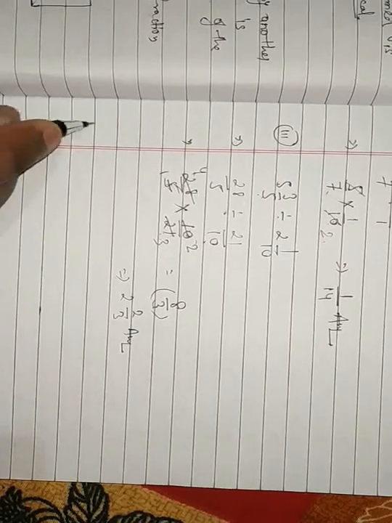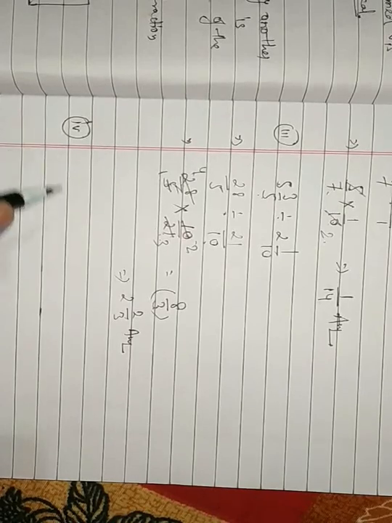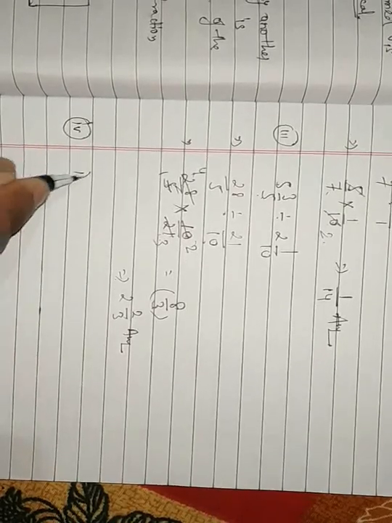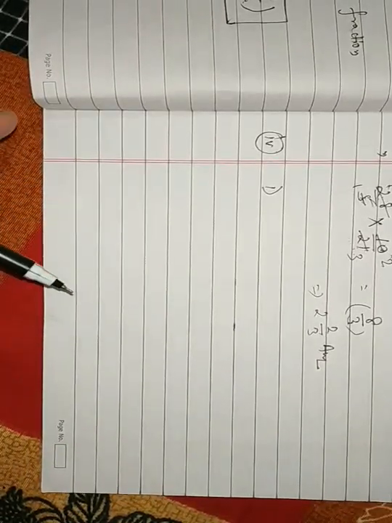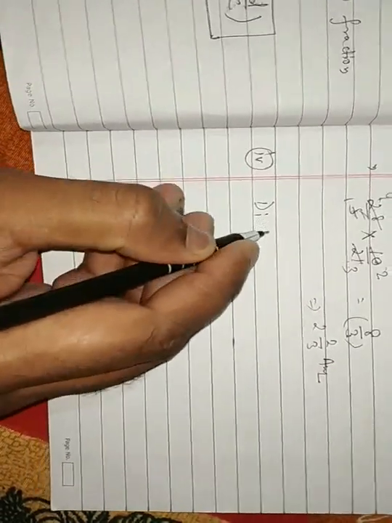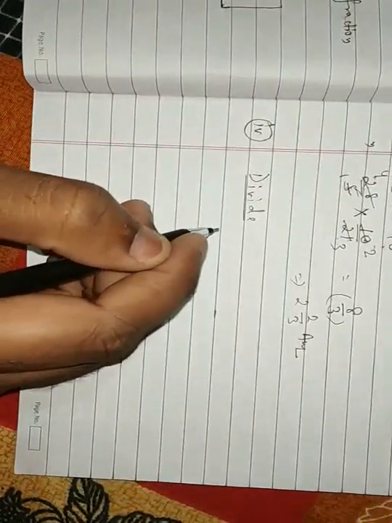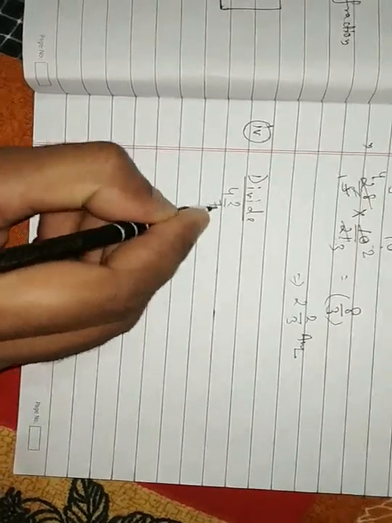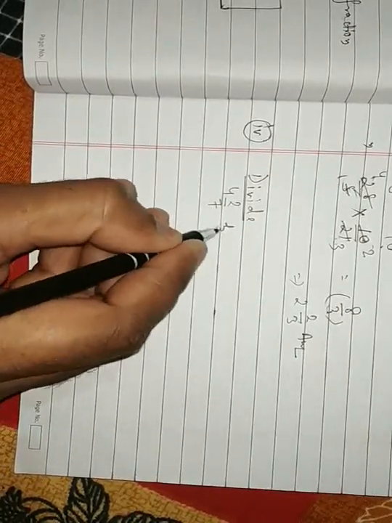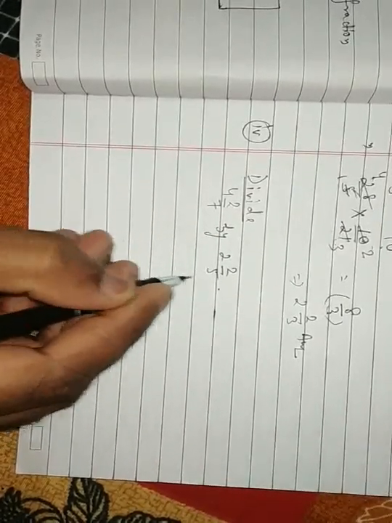Let's take one more example. Divide 4 integer 2 by 7 by 2 integer 2 by 5.